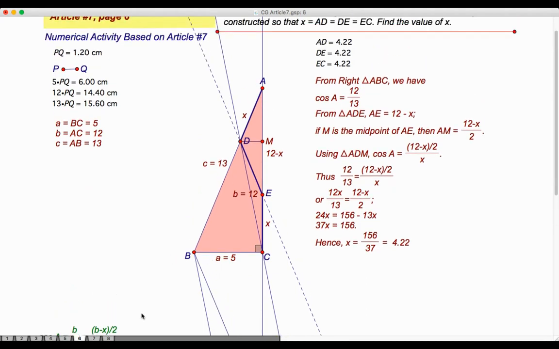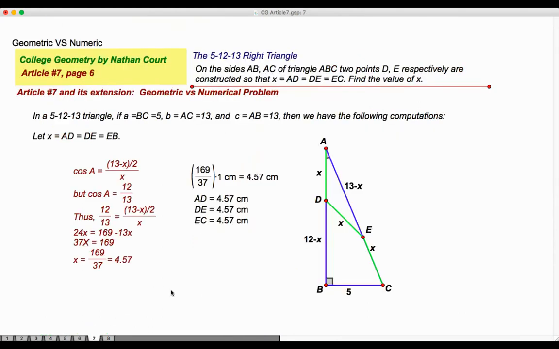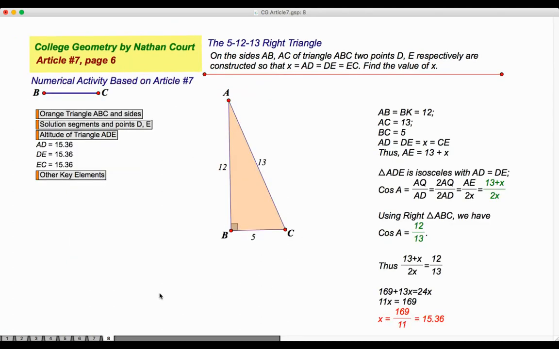I can change it in such a way that my triangle is, let's solve first this one. Okay, this is also 5, 12, 13, but this time the solution will be outside.